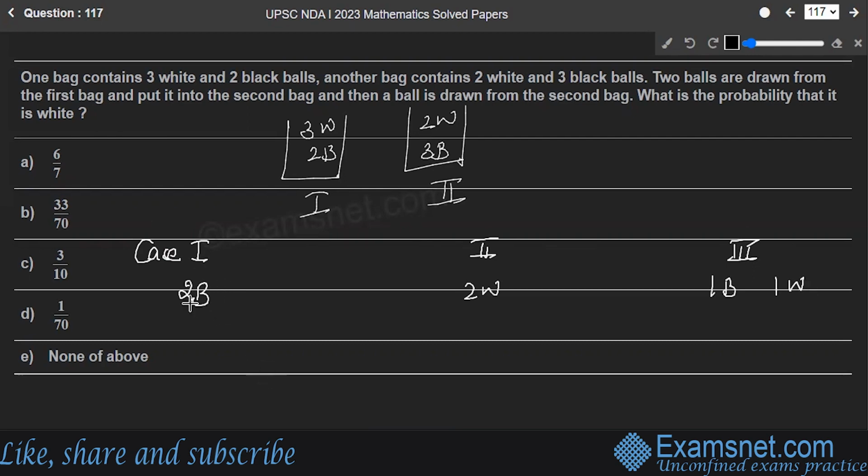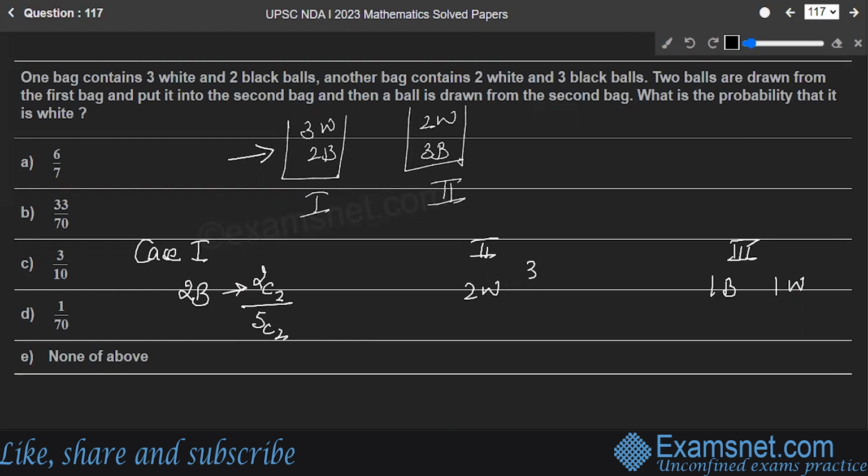Now, how many ways can two balls be drawn? How many ways are there in which two black balls can be drawn from here? This will be given by 2C2 upon 5C2. And how many ways can two white balls be drawn from the first bag?